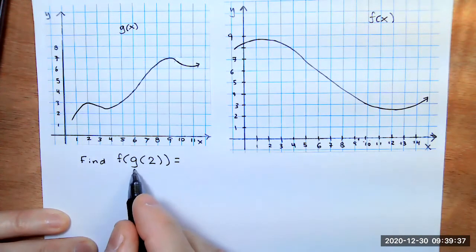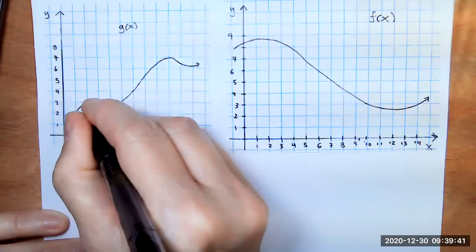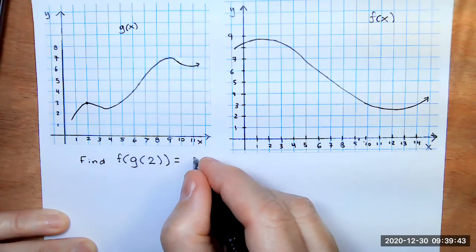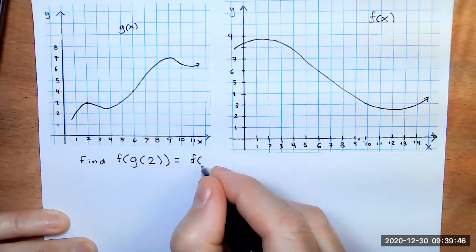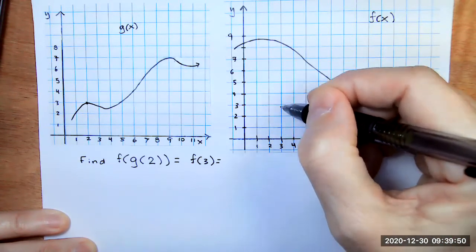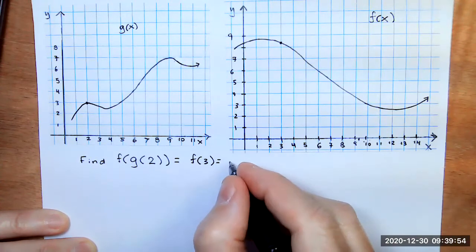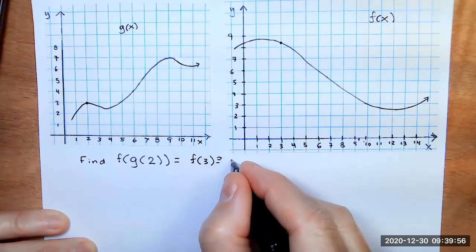So first we find g of 2, which is 3. So that means we're going to be finding f of 3. Well, f of 3 is about 8.4. Let's put approximately equal.